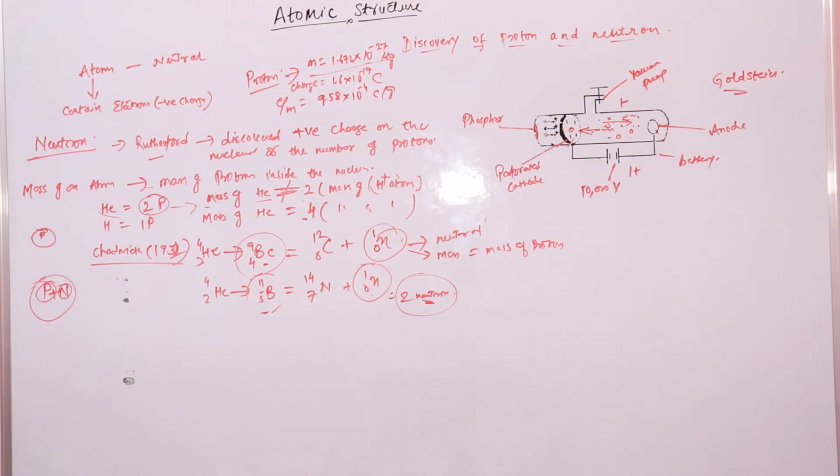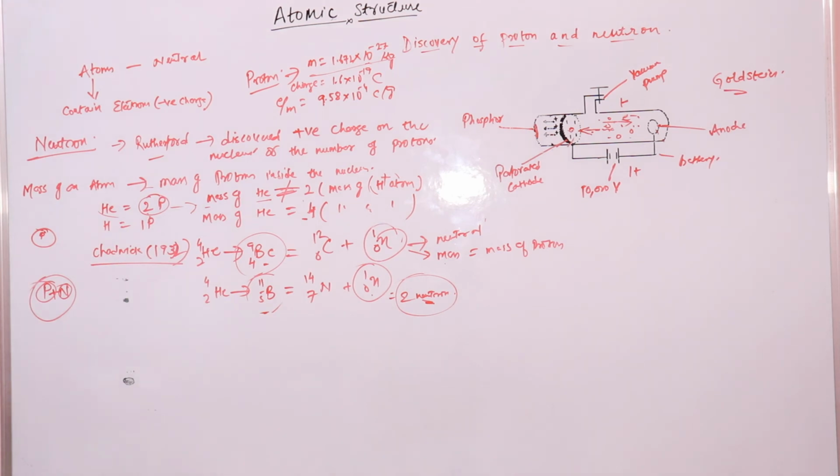So you can define a neutron as an electrically neutral subatomic particle having mass equal to the mass of a proton, which is 1.67 into 10 to the power of minus 27 kilogram, equal to that of a hydrogen atom or proton. We have already done this.